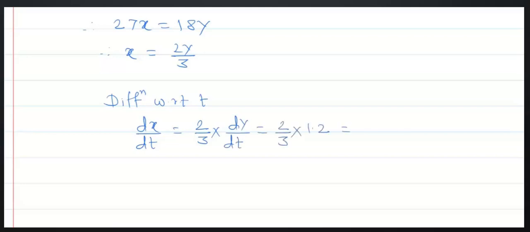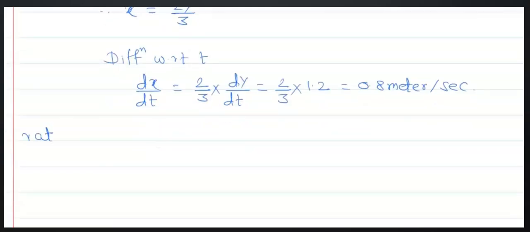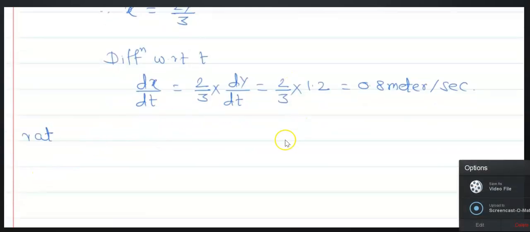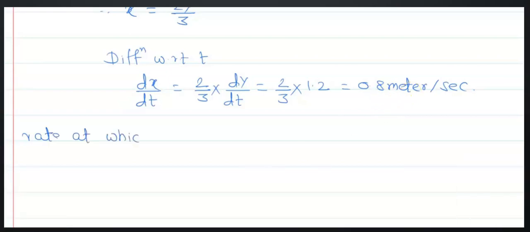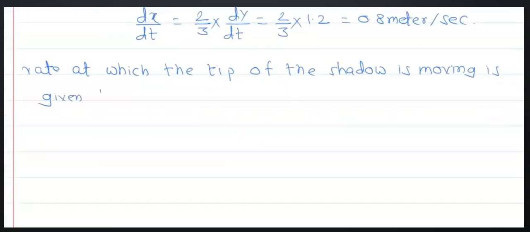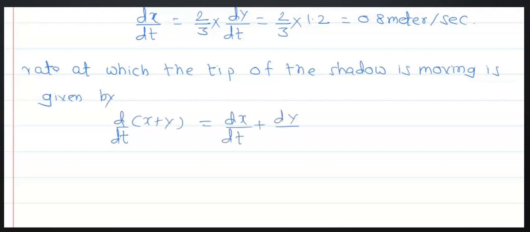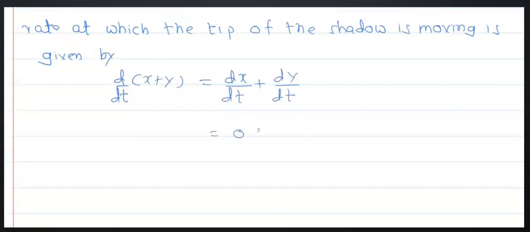To differentiate this, dx/dt is equal to 2/3 into dy/dt. That is equal to 2/3 into 1.2. The calculation comes to 0.8 meter per second. And next is the rate at which the tip of the shadow is moving, given by d/dt of (x plus y). That is dx/dt plus dy/dt.